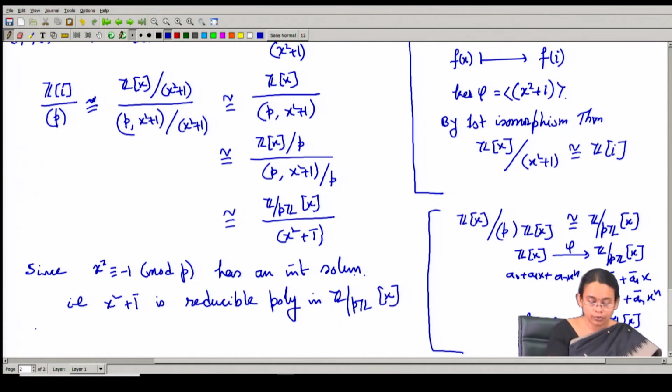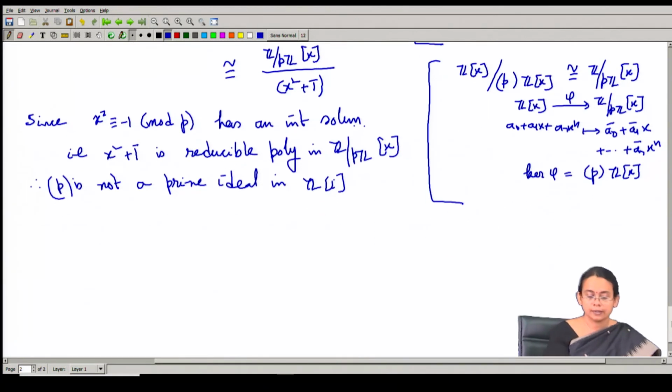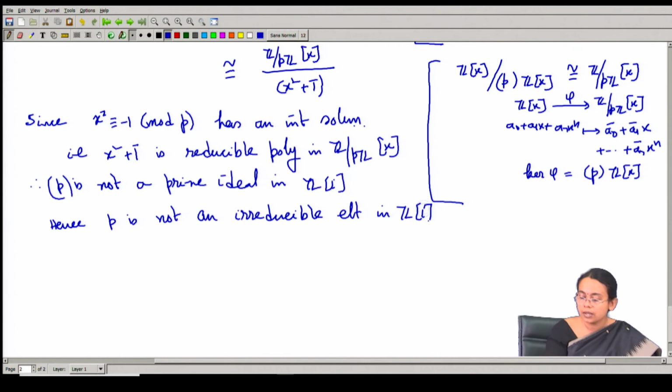Therefore, p is not a prime ideal in Z[i], hence p is not an irreducible element in Z[i].